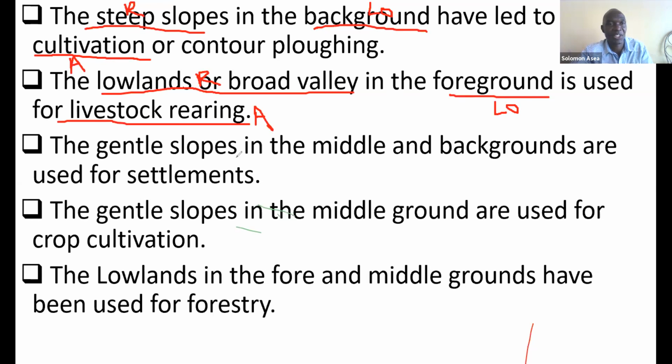Now here, the gentle slopes in the middle and backgrounds are used for settlements.